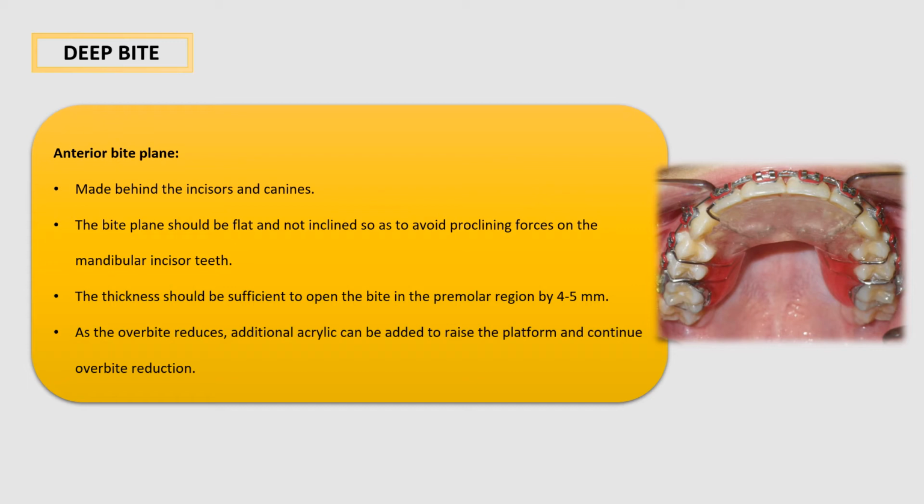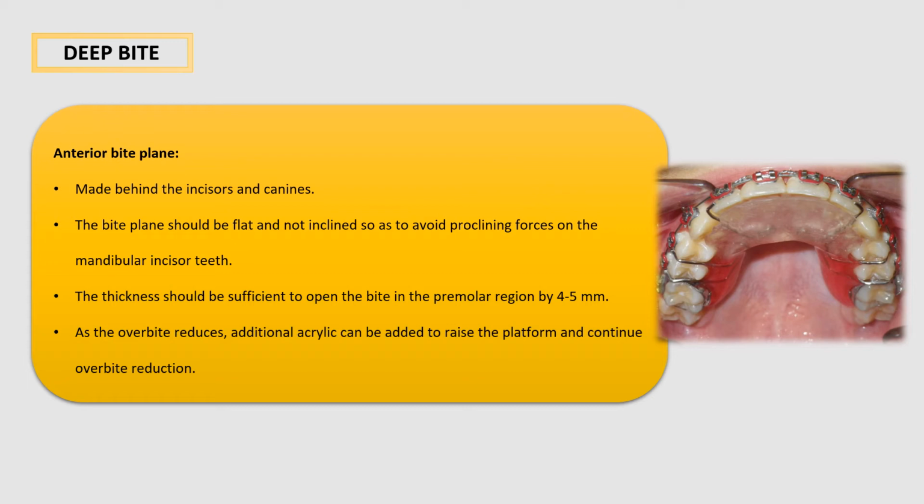The bite plane needs to be flat and should not be inclined so as to avoid proclination or proclining forces on the mandibular incisor teeth, which can lead to deleterious effects for these anterior lower teeth. Also, the thickness should be enough to open the bite in the premolar region by around 4 to 5 millimeters. So you have to keep it in consideration when designing this particular appliance.